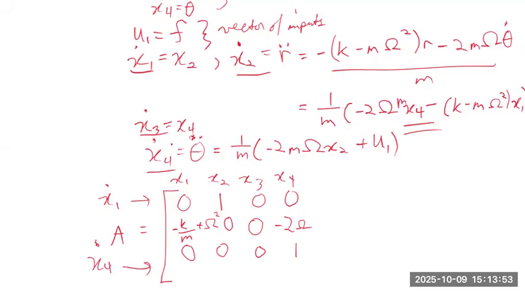We have that x4 dot is equal to this equation over here, and this equation simplifies to only x2, so we don't have to worry about x1. x1 is equal to 0. So we have negative 2m omega times x2 over m, which is equal to negative 2 omega, and then 0 and 0.